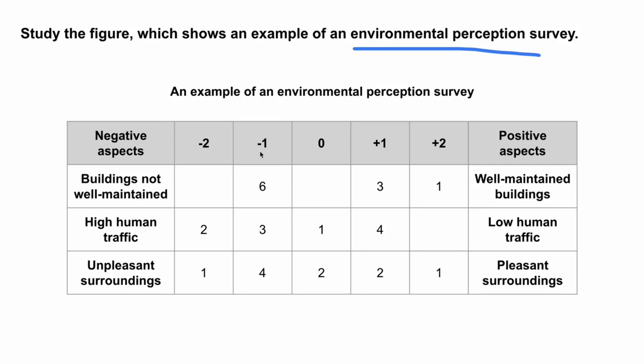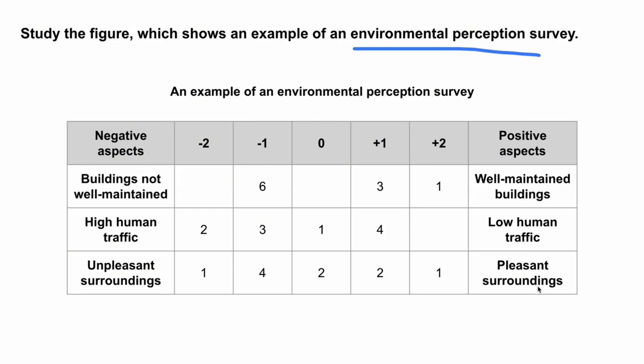You would also notice that in an environmental perception survey, the two extremes are about the same thing. If you're talking about maintenance of buildings, the negative side will be not well maintained, the positive side would be well maintained. You're comparing the same thing. Next one is about human traffic, so high versus low. Next one is about surroundings, how pleasant or unpleasant it is.